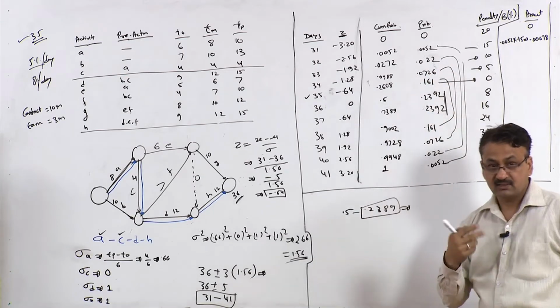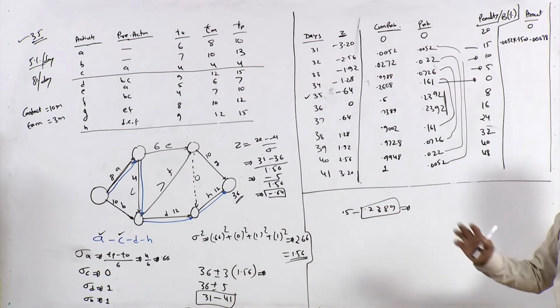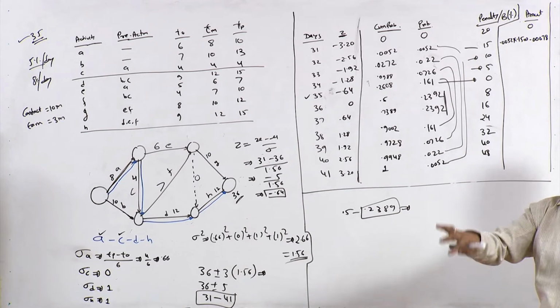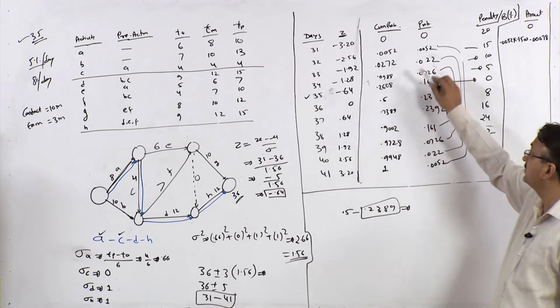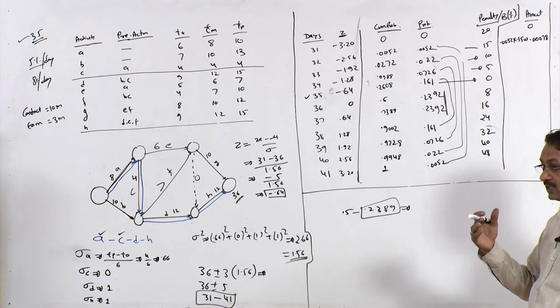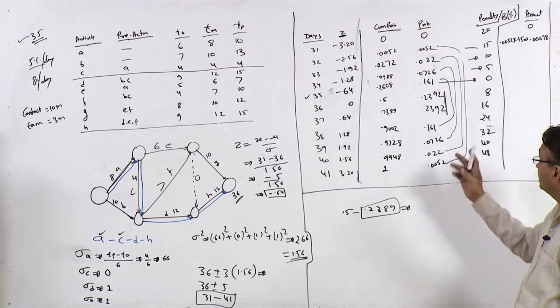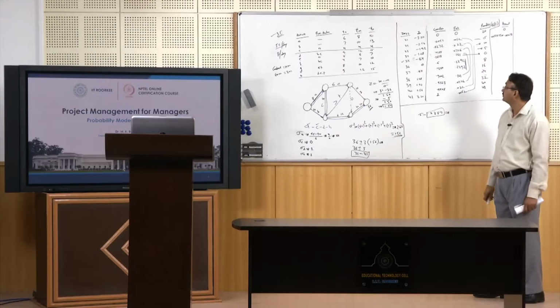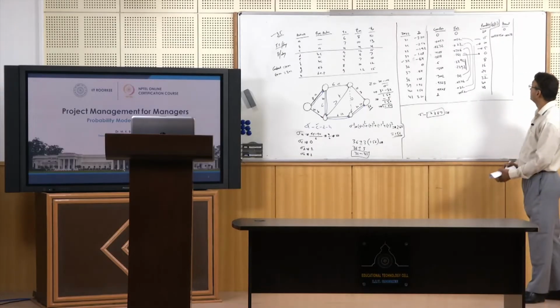In fact you can do the other way around also. In fact you should do other way around. First of all you should find out probabilities by looking at appropriate table and then compute cumulative probabilities.